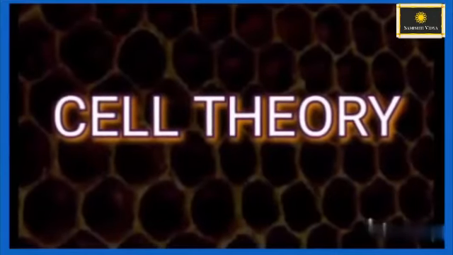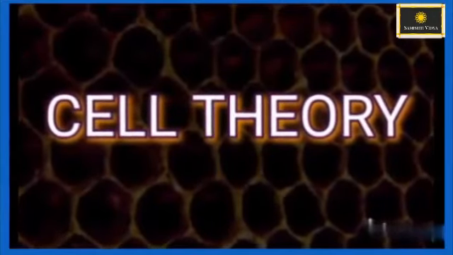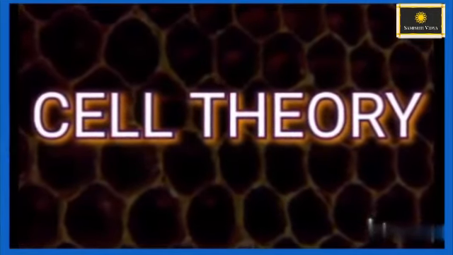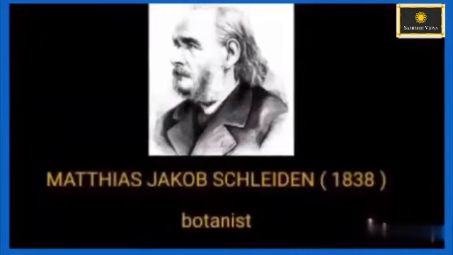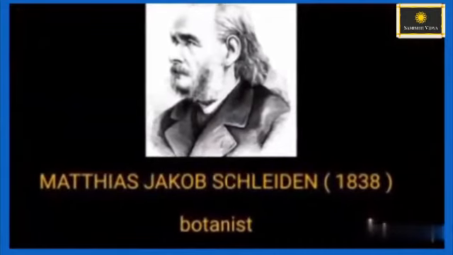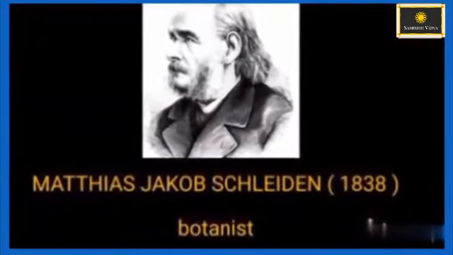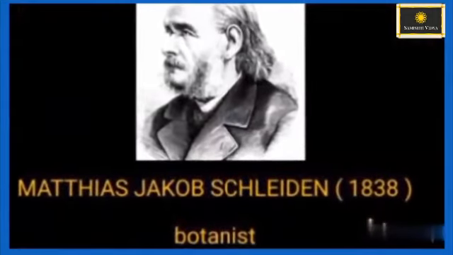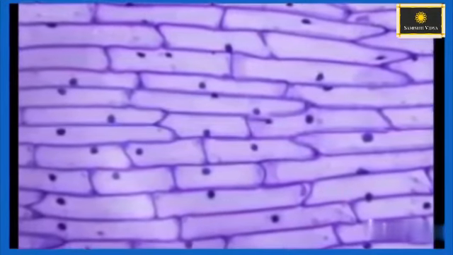During the same period, two renowned scientists proposed the cell theory. In 1838, Matthias Schleiden, a German botanist, first proposed the idea that all plants consist of cells.